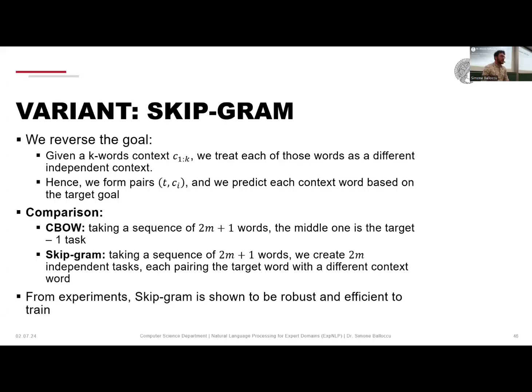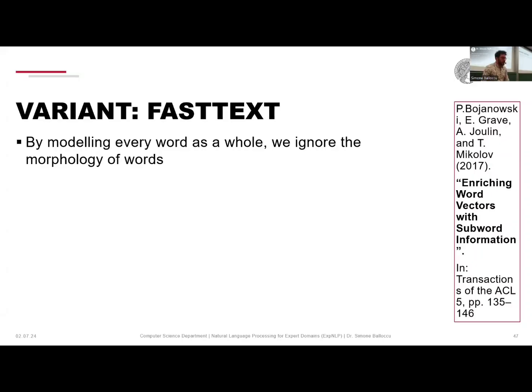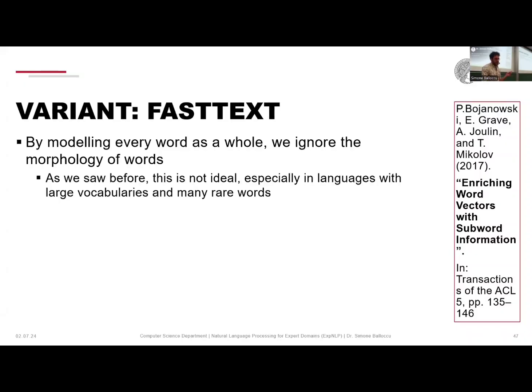Another variant, fastText. One may argue that by modeling the word, I'm ignoring morphology, and that is actually pretty right. This is not ideal, especially if you have languages with rare words. So maybe we want to capture the root, and that's exactly what fastText does.